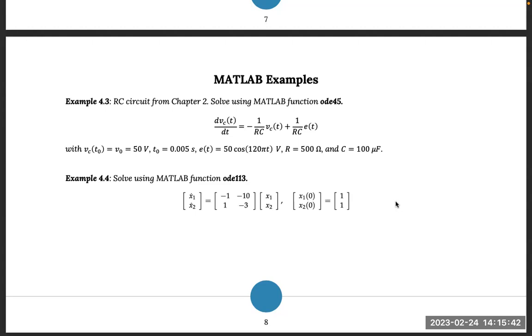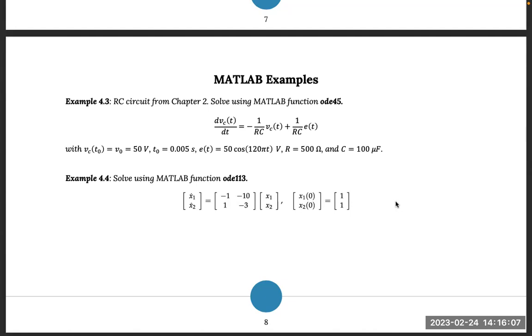What do we have? We have VC. That's from a previous example that you already worked on. And I think you got the exact solution at some point. It's an RC circuit, I assume.